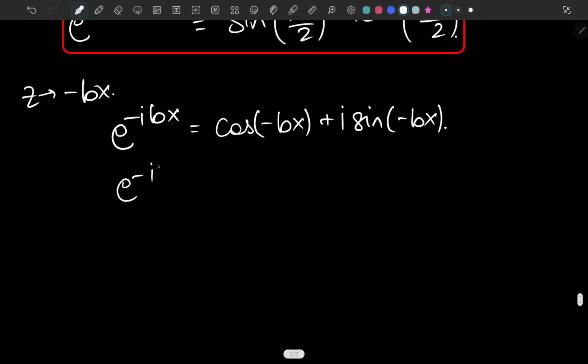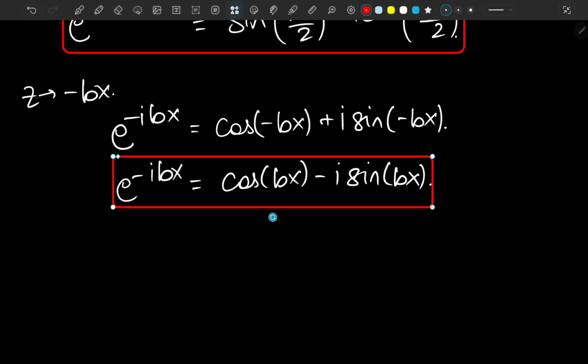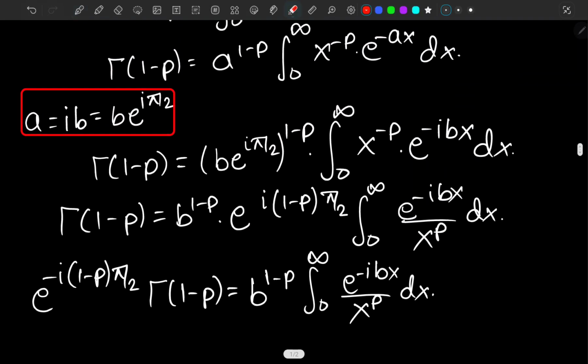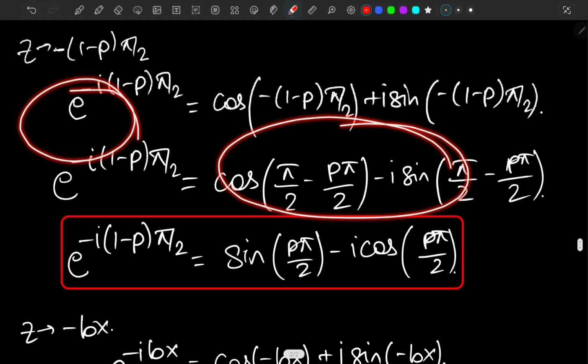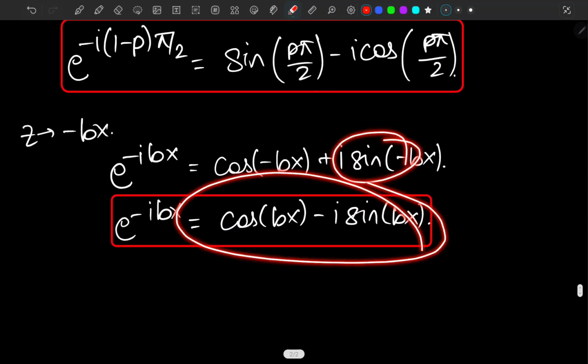So again, e to the minus i bx is cosine of bx minus i sine of bx. And now we are just going to replace these two things that we have got here. So this one would be replaced with this result that we have got, and this e to the minus i bx would be replaced with this one.